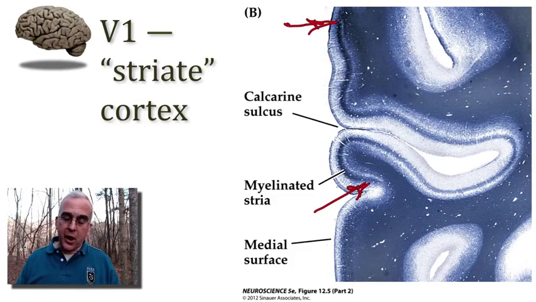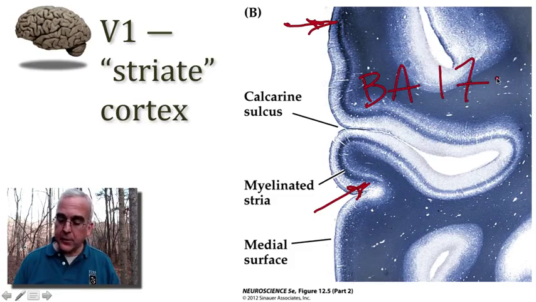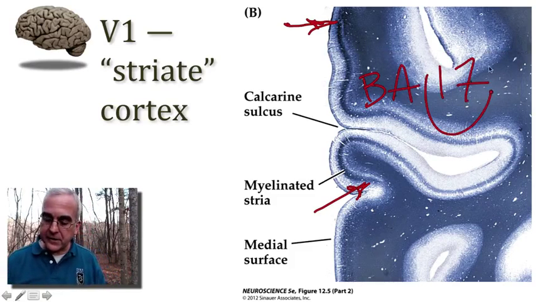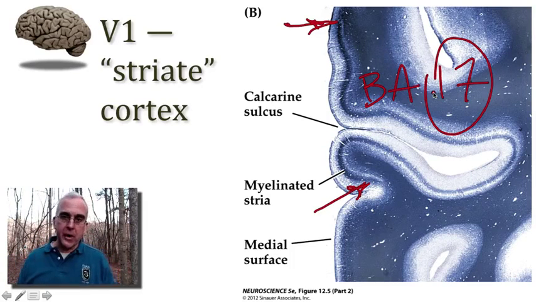So Brodmann labeled this area 17, which is how we know it today. It's also known as the striate cortex because of this histological presentation of what we call the stria of Gennari.